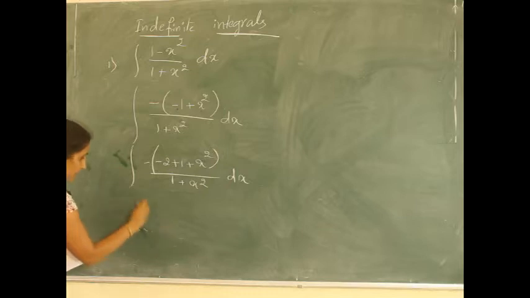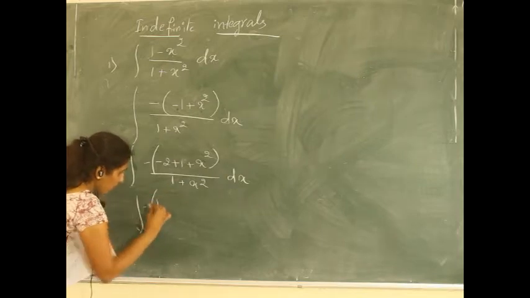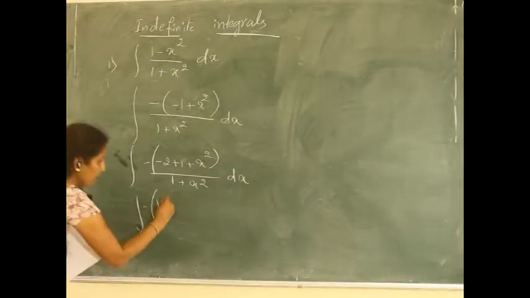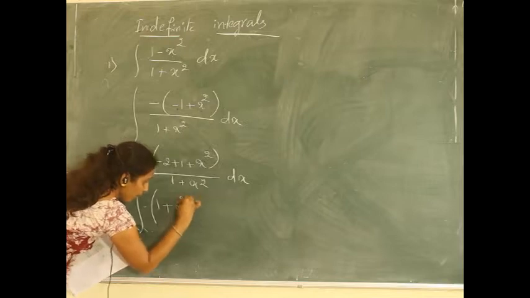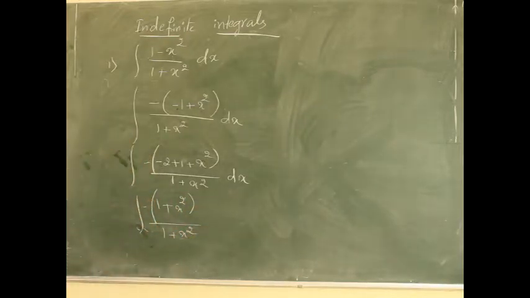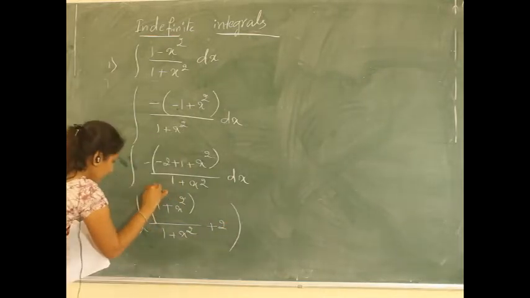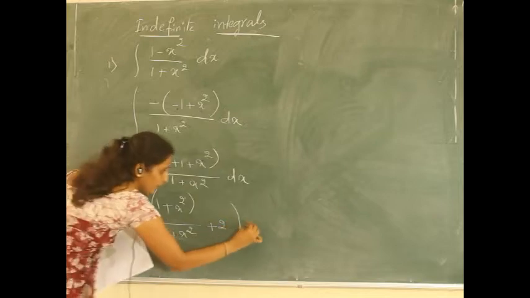So this will be the integral of 1 minus of (1 plus x square) divided by (1 plus x square), then minus into minus is plus 2 into, dx.